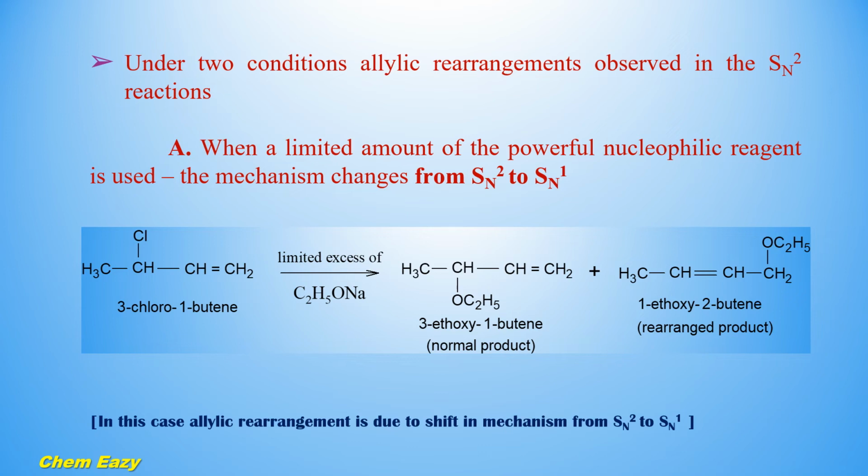It means the mechanism changes from SN2 to SN1 when a limited amount of the powerful nucleophilic reagent is used. For example, if 3-chloro-1-butene is treated with a limited excess of sodium ethoxide, it can produce 3-ethoxy-1-butene as a normal product and 1-ethoxy-2-butene as a rearranged product due to the SN1 mechanism.